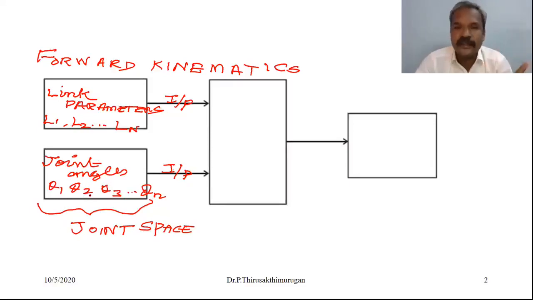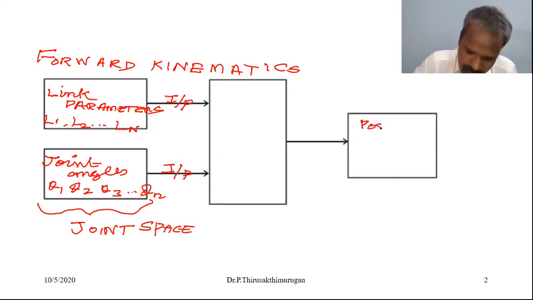Using the joint angles, we can reach the global position of the L vector. So if the joint space is given, then the output is the position and orientation.